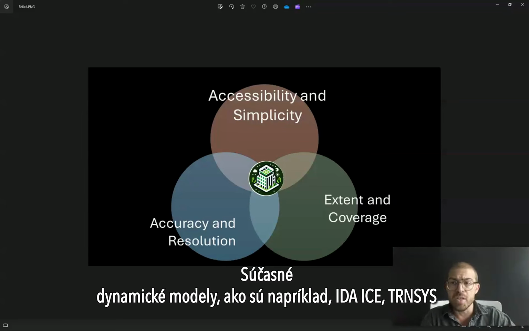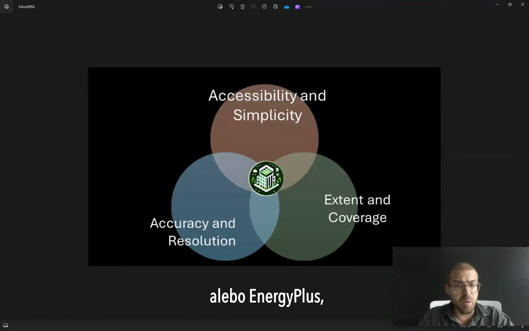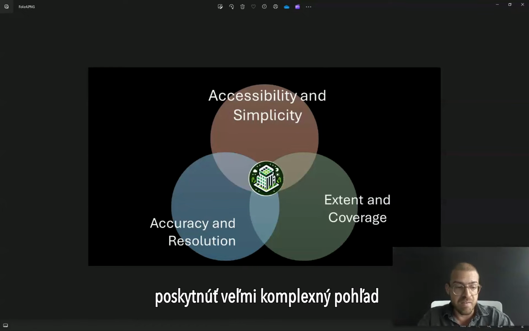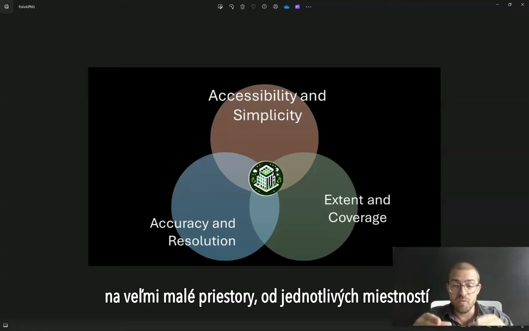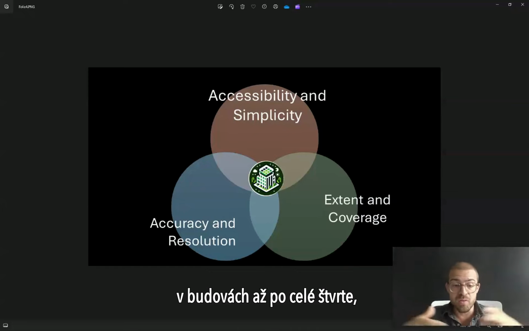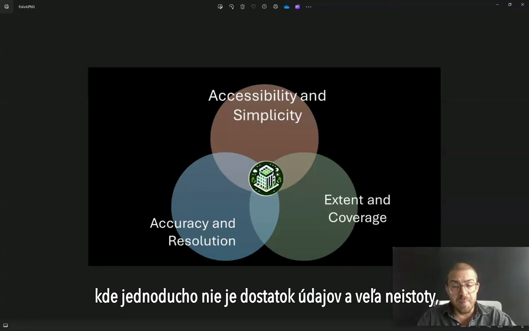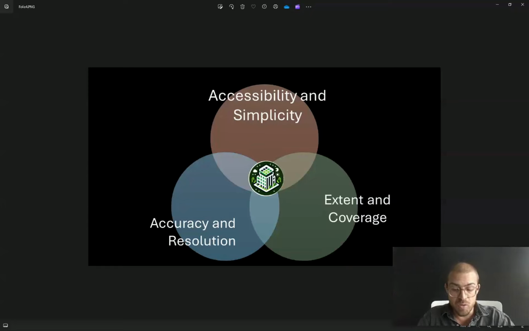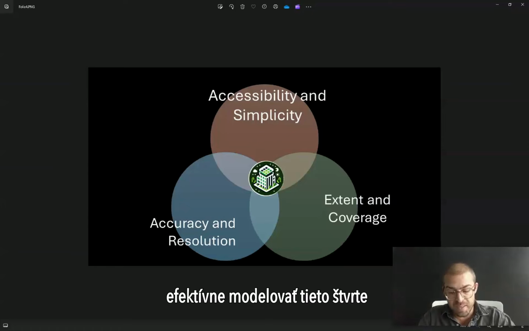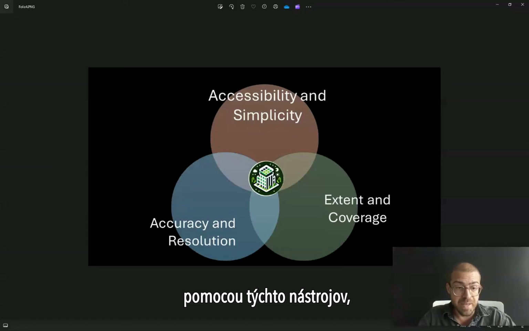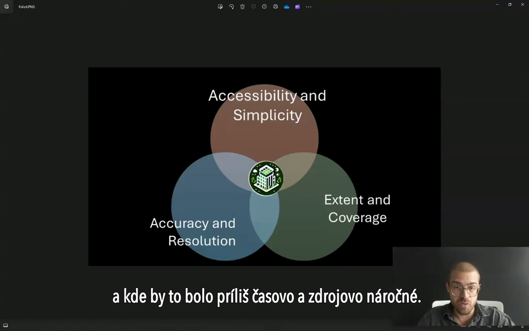Current dynamic models such as IDA-ICE, for example, or EnergyPlus, TRNSYS, which are very detailed and can have a very comprehensive look into very small spaces from individual building rooms all the way to whole districts, are often not practical for early planning stages where there is simply not enough data and a lot of uncertainty to efficiently model these districts with these tools, where it would be too time consuming and too resource consuming to do this.